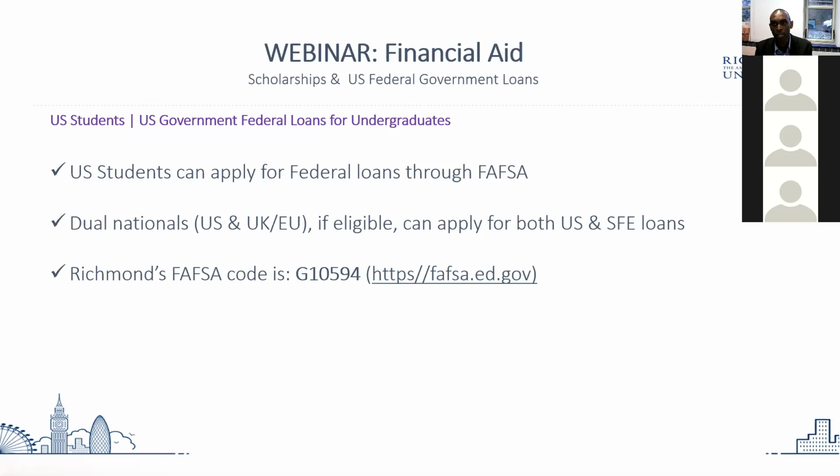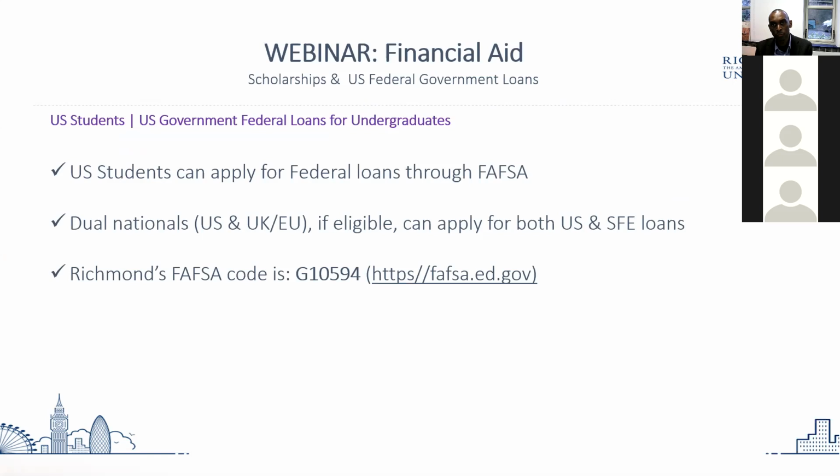As I mentioned earlier, our code is G10594. Once you enter that, we'll receive the electronic version of your FAFSA, and then we'll issue a loan award letter. We have received a number of 18-19 FAFSA applications, and in the coming days, we'll start issuing the loan award letters. These letters are issued to students who have already been admitted.